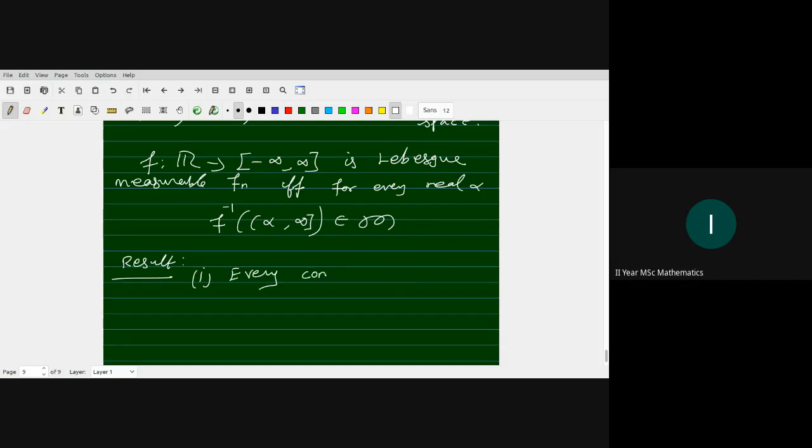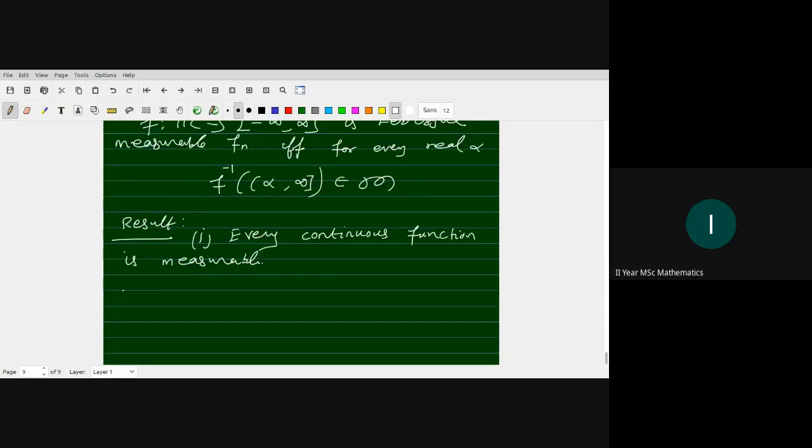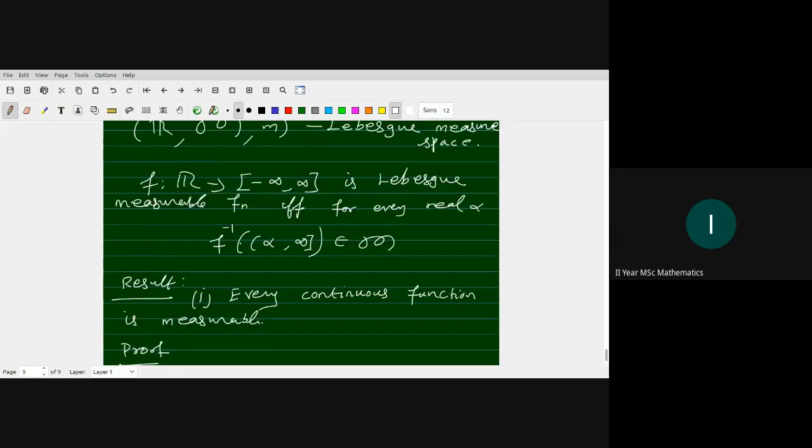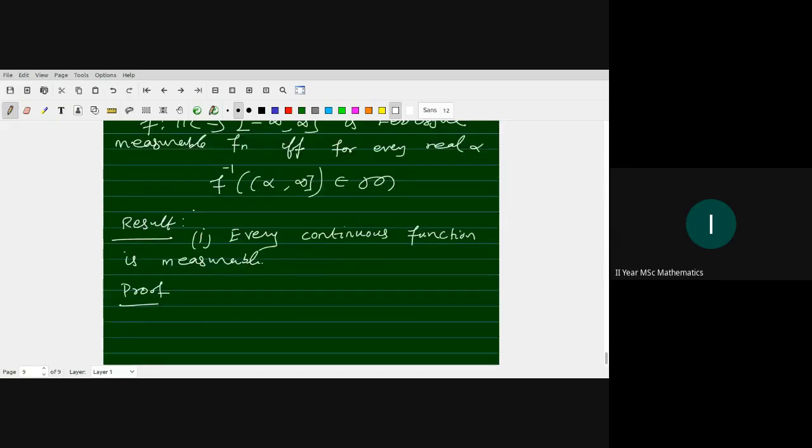The proof is very simple, right? Since all the open sets are measurable, Lebesgue measurable, in R.